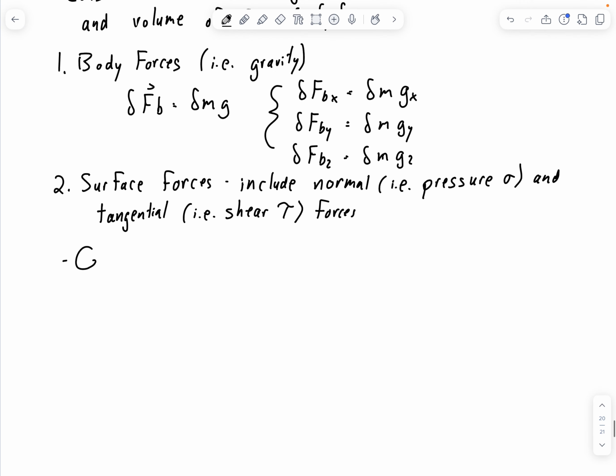To do this, we're going to draw our little mass element and just consider the x components of these forces.